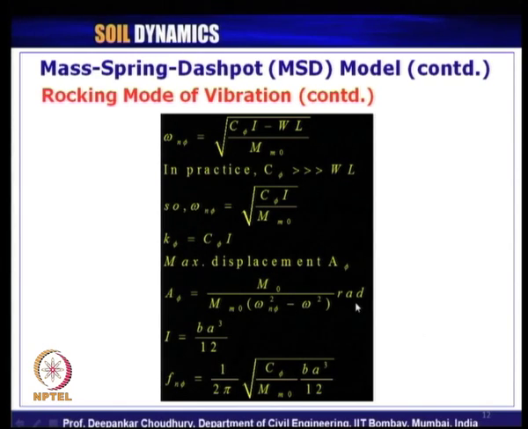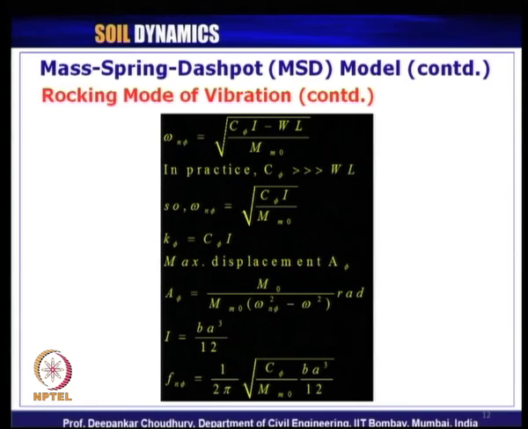It will come in radian, and this radian can again be converted to linear displacement by multiplying by the dimension. And this I, which is the area moment of inertia, is calculated as b a cube by 12, where a is the dimension in the x direction when we are talking about rocking. In case of pitching, it will just get interchanged. In that case, it will be a b cube by 12, where b is the dimension along the y axis.